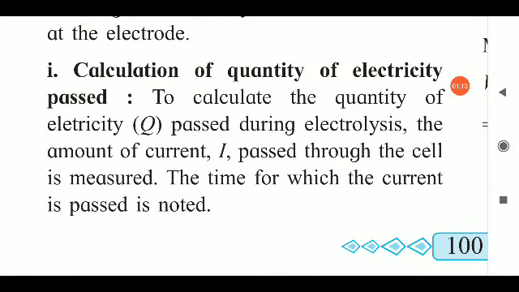To calculate the quantity of electricity passed during electrolysis, the amount of current I passed through the cell is measured, and the time for which the current is passed is noted. This is a very important thing we should do before the start of electrolysis.